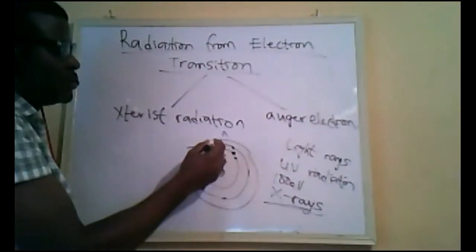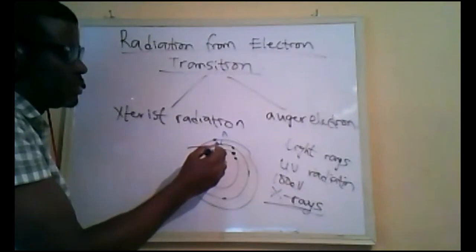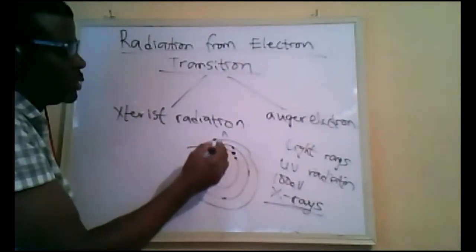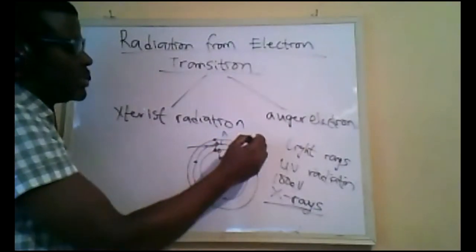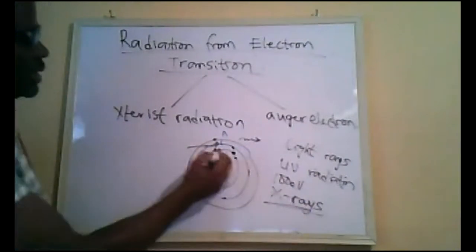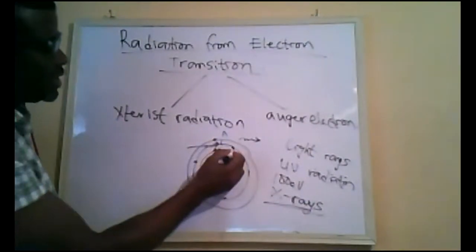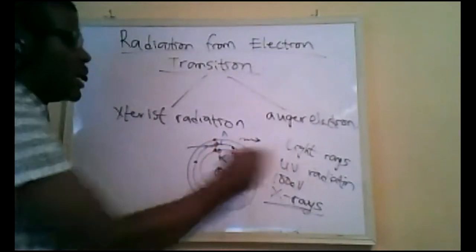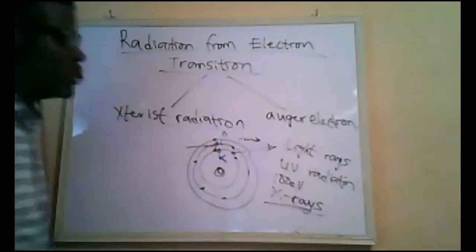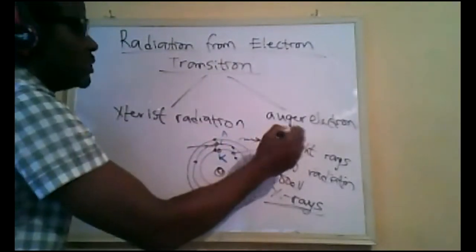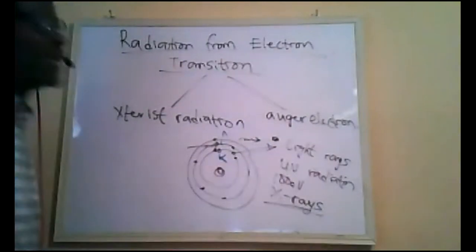You have an electron moving from here to here, giving rise to electromagnetic rays, but the energy might be given to another electron. Another electron can absorb that energy and become ejected. That ejected electron is called an Auger electron.